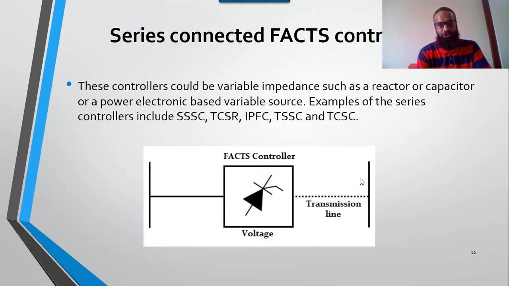So the commonly used series FACTS controllers are SSSC, TCSR, IPFC, and TCSC. The abbreviations and descriptions of these controllers I will discuss in detail in the next slides. So when the FACTS controllers are connected in series, it is known as series connected FACTS controller.